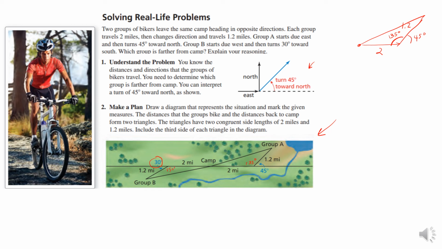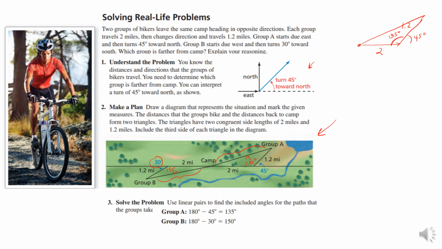So they want to know which of these groups is further from camp. So now we're going to look at the hypothesis. So we've been given our hinge, and we're going to look at the angle across, the distance across. And we can see that group B has a bigger angle, so their distance is going to be farther than group A. Okay, so here's the answer.